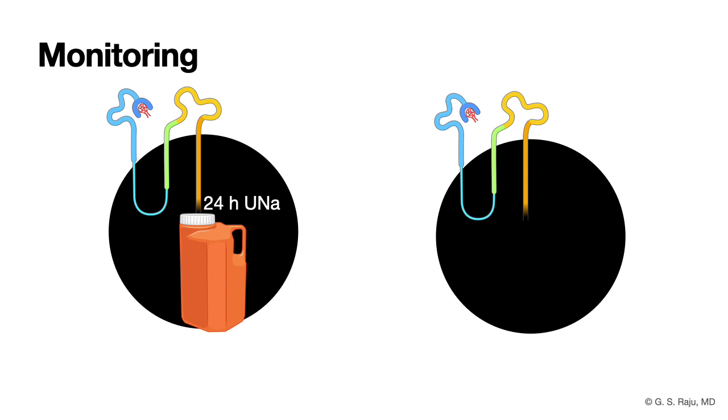So because of the inconvenience of collecting 24-hour urine for sodium, people have come up with the spot sodium to potassium ratio. This is because when you add a diuretic, especially spironolactone, which interferes with the aldosterone effect on the convoluted tubule, the sodium reabsorption is blocked.